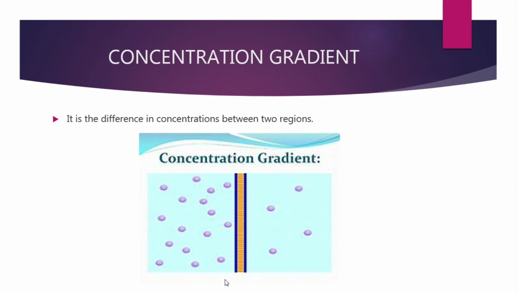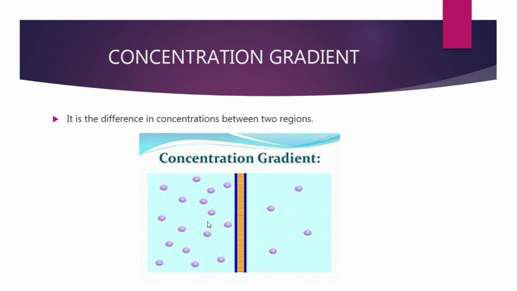But if on the left side there were 100 purple particles, and on the right side there are only 4 purple particles, the concentration gradient would be much steeper. So if the concentration gradient is steeper, the rate of diffusion would be faster.